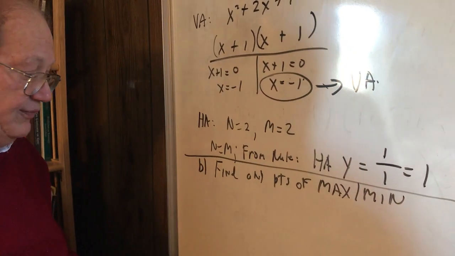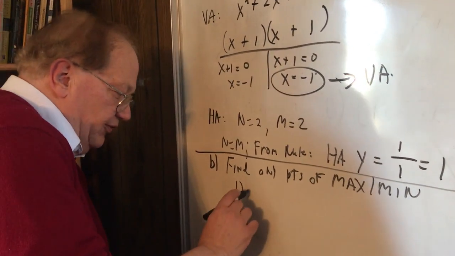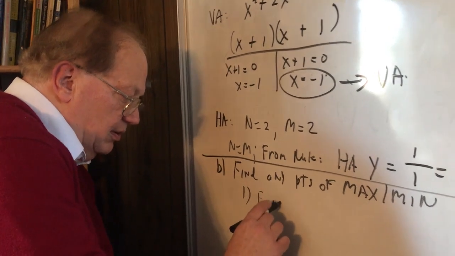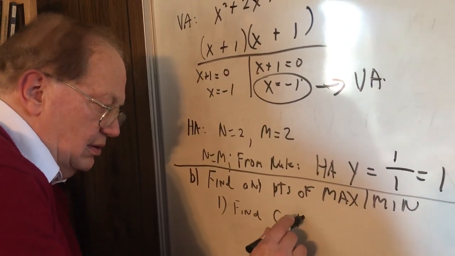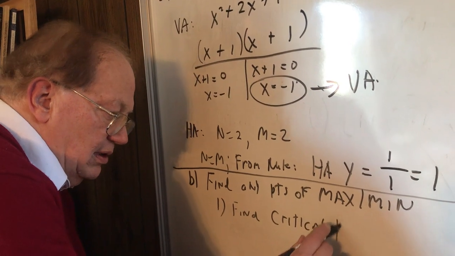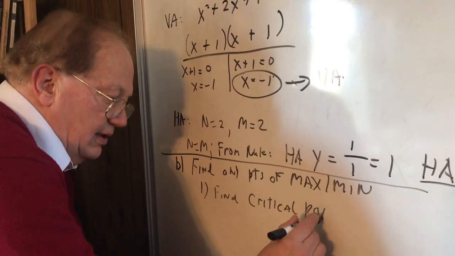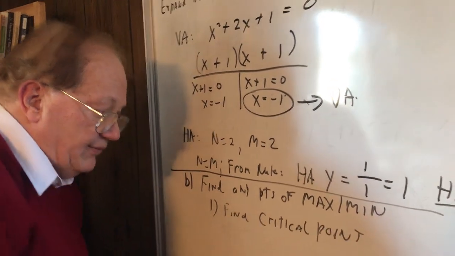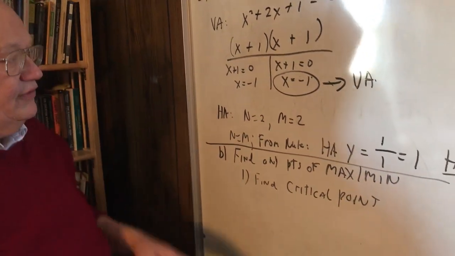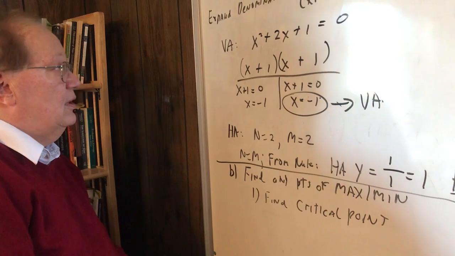So the first thing we have to do is find the critical points. And in order to do that, like we know before, we have to take the first derivative and set it equal to 0.